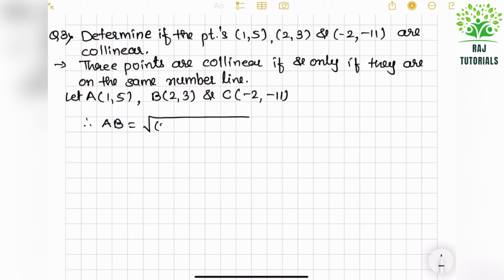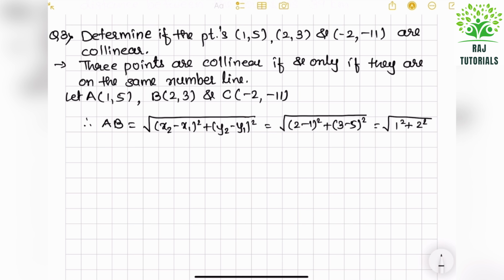So therefore AB will be equal to root of x2 minus x1 whole square plus y2 minus y1 whole square. So that will be equal to 2 minus 1 whole square plus 3 minus 5 whole square. So 1 square plus 2 square. So root 5 I am getting. Now let us check BC. So BC will be 2 minus of minus.